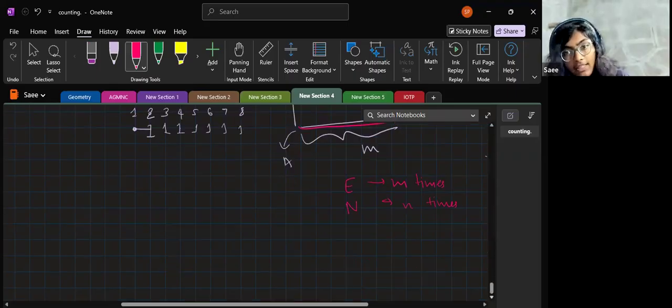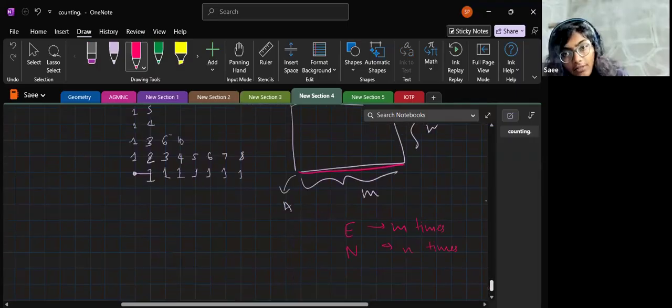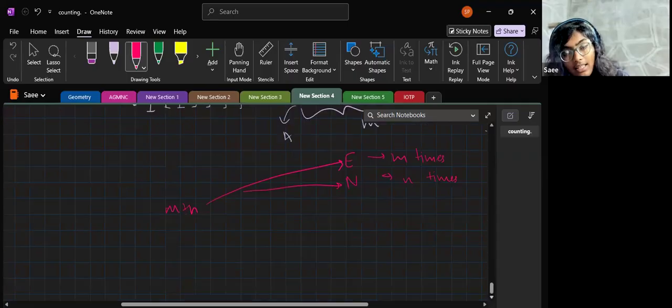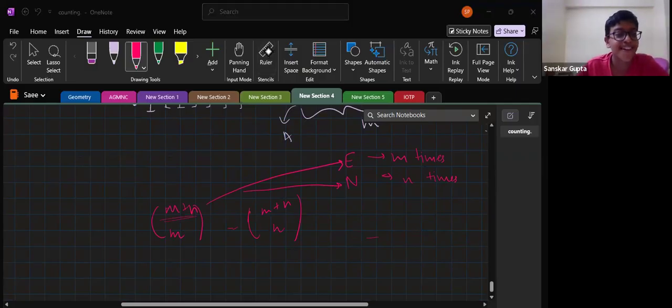So if we list all the paths Arnav takes, they are all of length m plus n, such that east occurs m times and north occurs n times. That's the same as first having m plus n different slots and choosing m of them to go east. But that's also the same as choosing n of them to go north. So your answer is m plus n choose m. This is another way of proving the nCr and nCm answer.